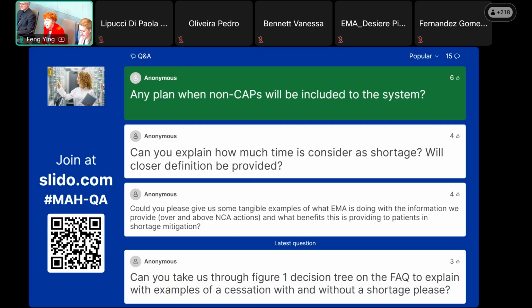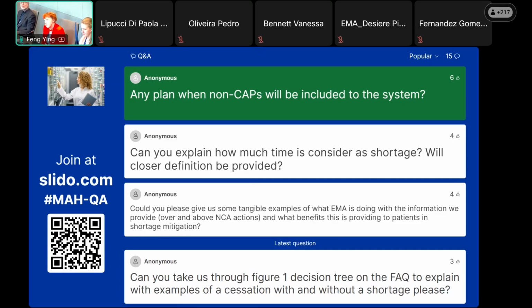However, the ESMP is not currently foreseen to be a centralized platform for all reporting of shortages. So currently there is no plan to include non-CAPs in the routine shortage reporting activities.